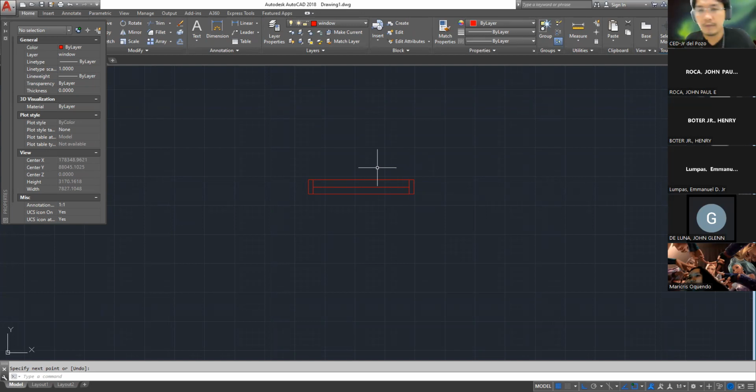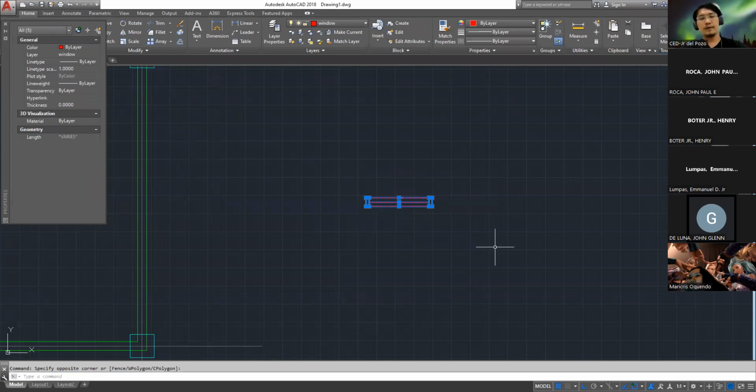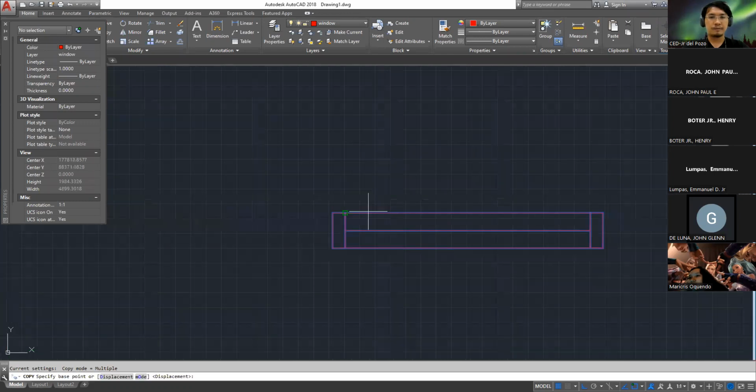Now, pwede din kayong gumamit ng mga sliding window, yung mga Japanese window, glass window, yan. Yan yung mga pwede nyo gamitin. Ito yung typical na ginagamit natin sa bahay. Modern na kasi ang mga bahay minsan.